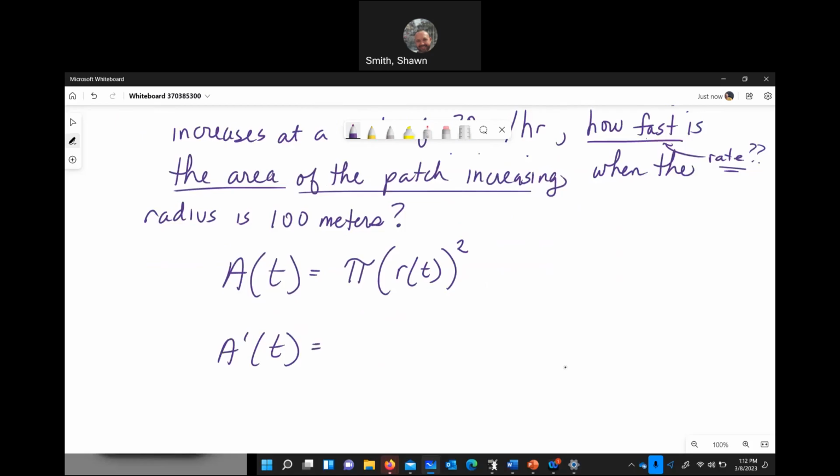And then look at this over here. This is some function r of t, right? Inside the other function. This chain rule stuff going on right here, right? So we're going to have power rule, 2 times pi times r of t to the 1 less power, and then we have to put in the derivative of that inside, which is r prime at t. So chain rule.